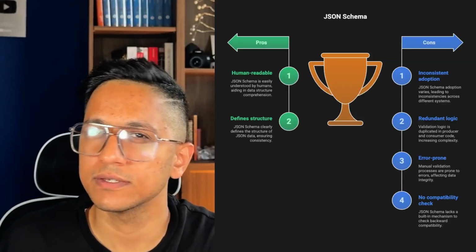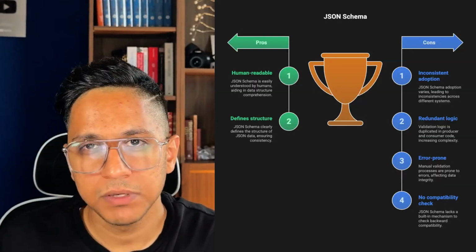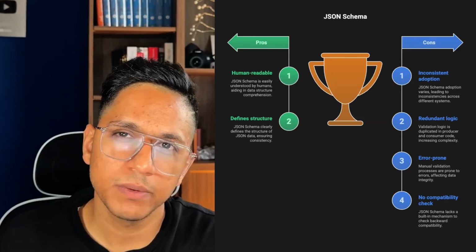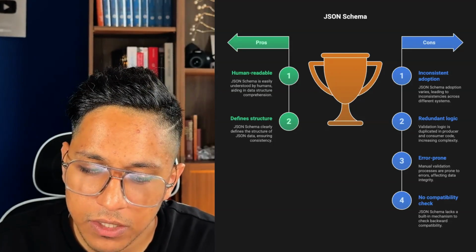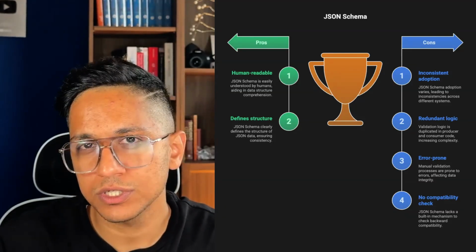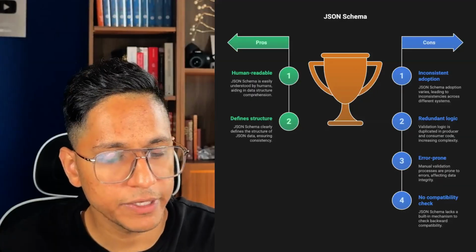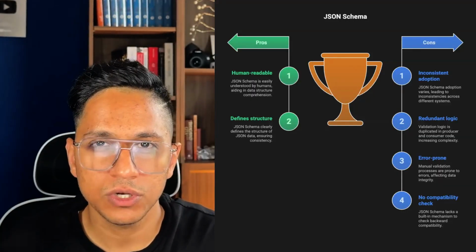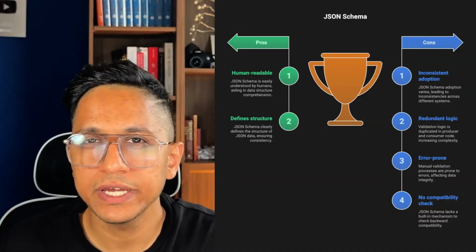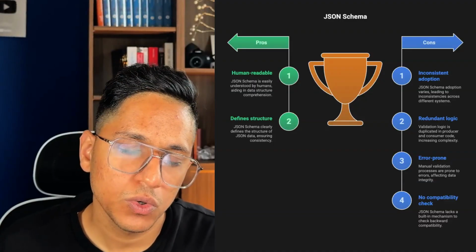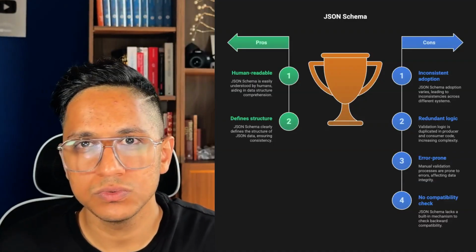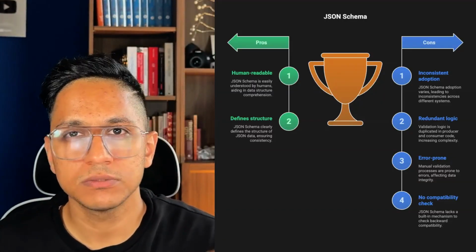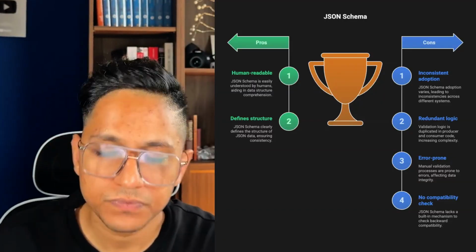It's not always consistently adopted because people may use different libraries, people may have different validation rules, and so on. It's pretty much free form. And you also have to duplicate all the validation logic in producer and consumer code bases. When you have so many copies and so much redundant logic, evolution is mostly error prone and manual. So there's no inherent way, when it comes to JSON structure, to tell you whether it's backward compatible or not.